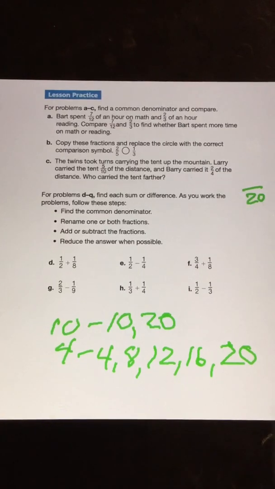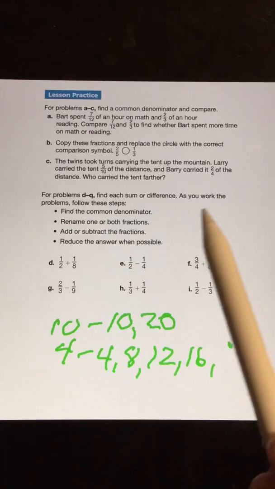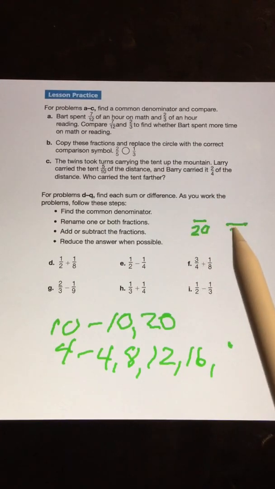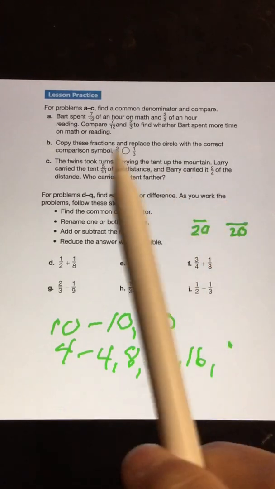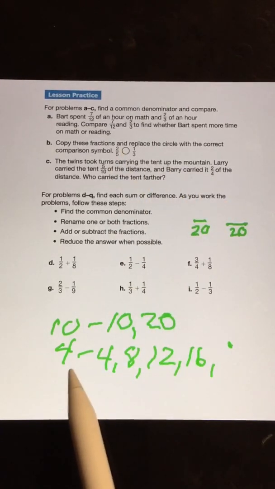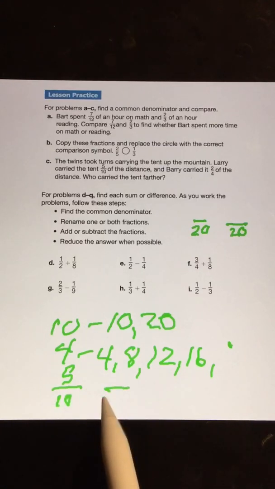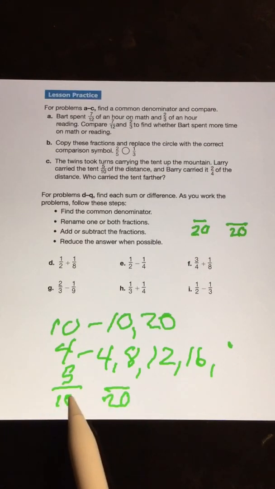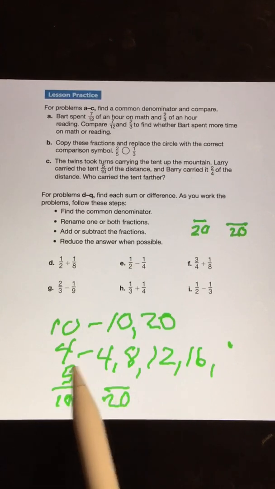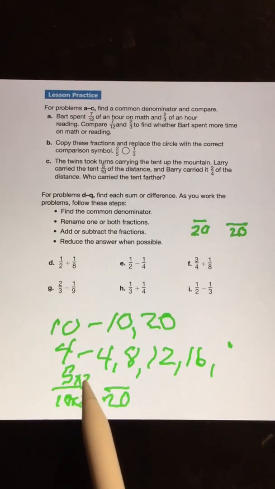I'll erase so that I can see that better. So I'm going to compare 5 tenths with a denominator of 20. I would multiply 10 times 2 and 5 times 2.